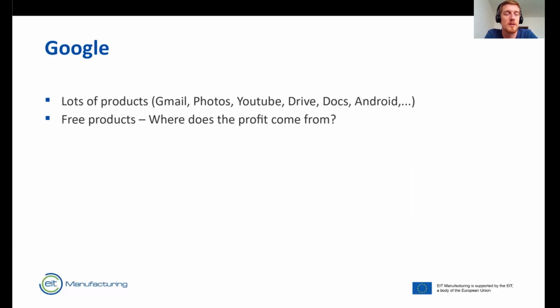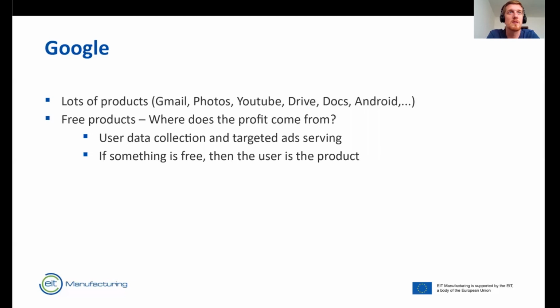So where does the profit come from? Of course, you can pay for some special packages, for example, with a higher amount of storage for your photos or for your G Drive, but not many people use this feature.